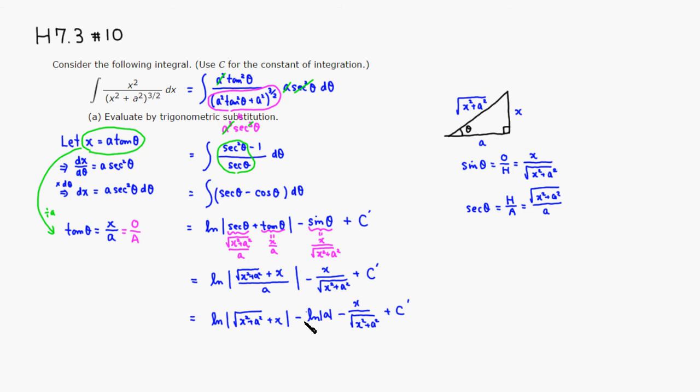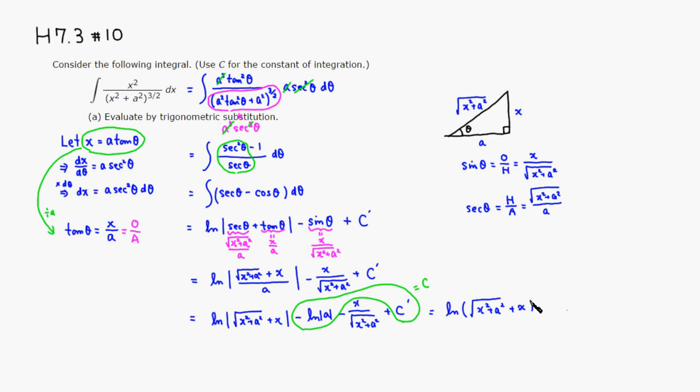Since natural log of a is just a constant, I can combine natural log of a and c prime, and call it a constant c. Therefore, what you get is the natural log of the square root of x squared plus a squared plus x.